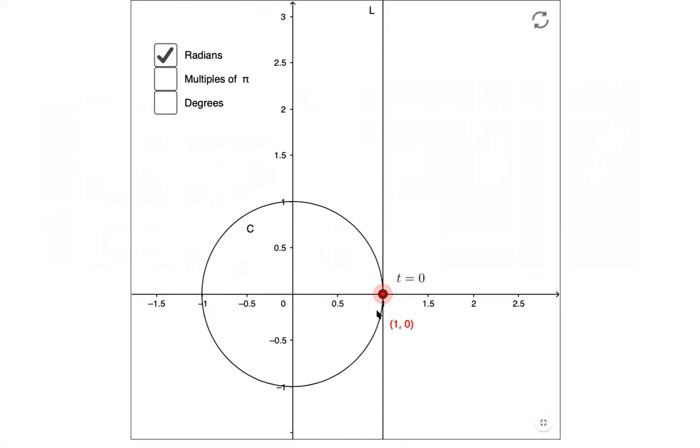And if we're going to wrap the circumference of the unit circle in a clockwise direction, we're going to use the negative values. Kaya class, counterclockwise, positive yung value niya. Clockwise, negative yung value ng angles.